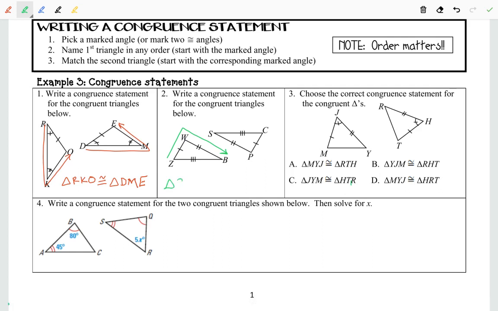So I end up with triangle ZWB is congruent to triangle CPS. So I went down the 1 tick mark side, then down the 2 tick mark side.